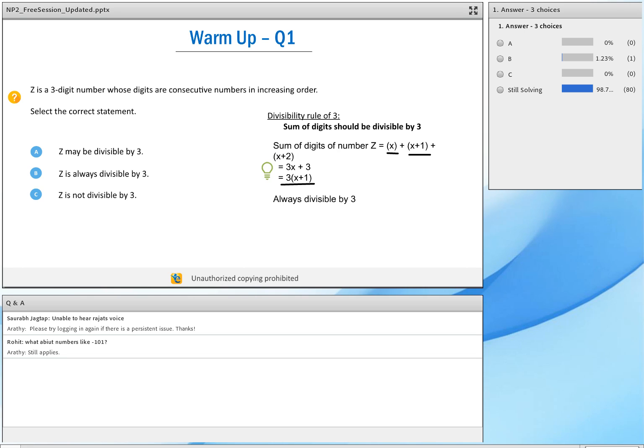Let's get about 80 people to stay still solving, and then I'm going to show the next question. That is great.